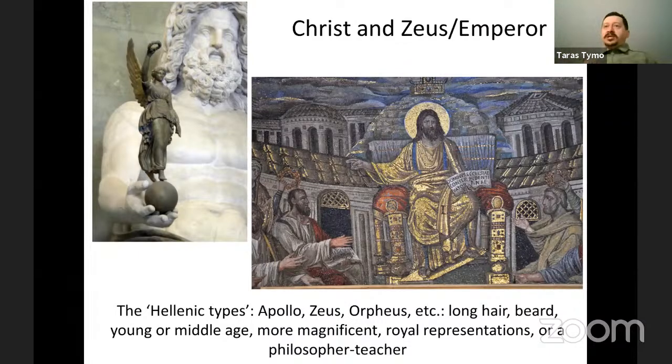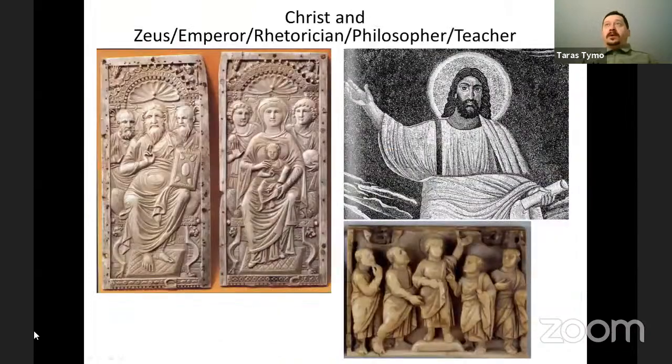Jesus in this representation has long hair, a beard, he is in his middle age, more magnificent, dignified, in kind of royal representations or representations of a philosopher or a teacher, which were also quite characteristic of the art in antiquity.